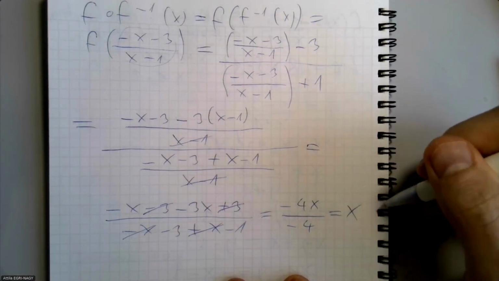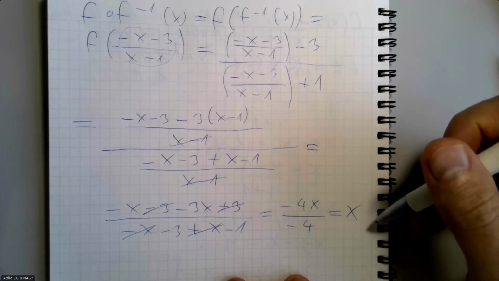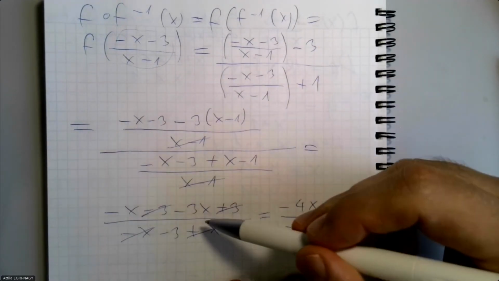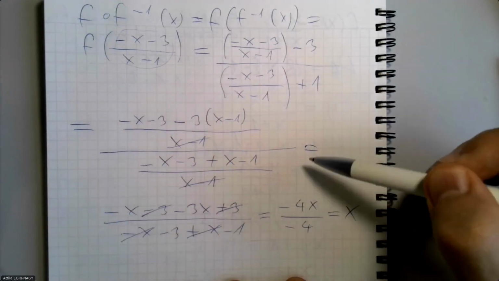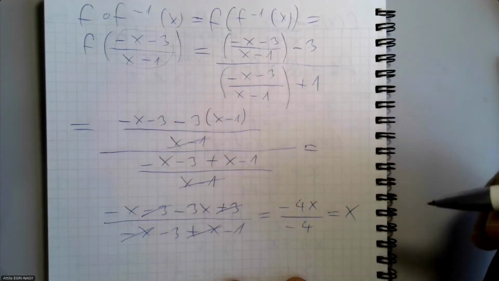If you don't get x, there are several possibilities. One possibility is that you made some mistake here. Okay, and it's really the inverse, it's just there was a mistake here.